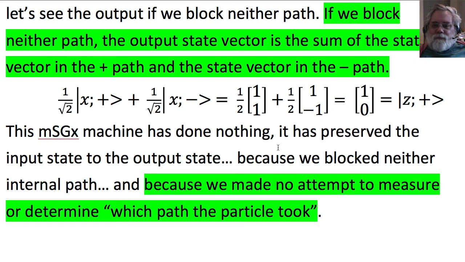No probabilities anymore. We know 100% the output state is Z plus. There's no probability to be found here other than probability 1. We got that result because we blocked neither internal path, and more subtly, because we made no attempt to measure or determine which path the particle took inside the machine.